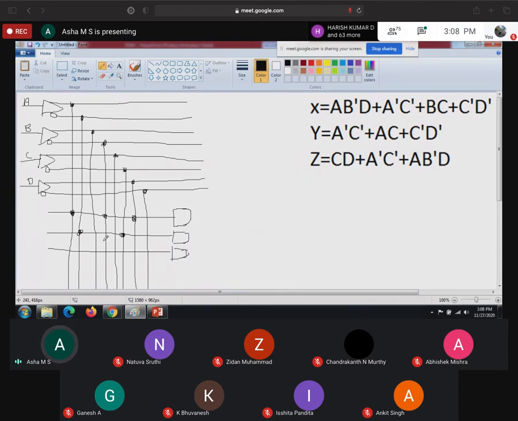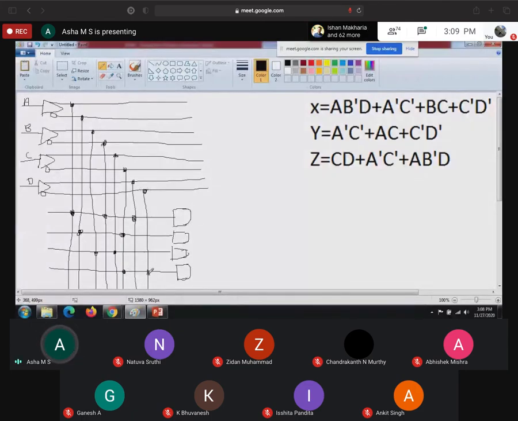B is here, C is here. So this gives the third product. Next is C bar D bar. C bar is here, D bar is here.